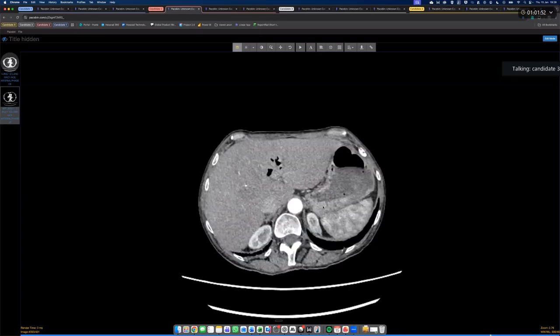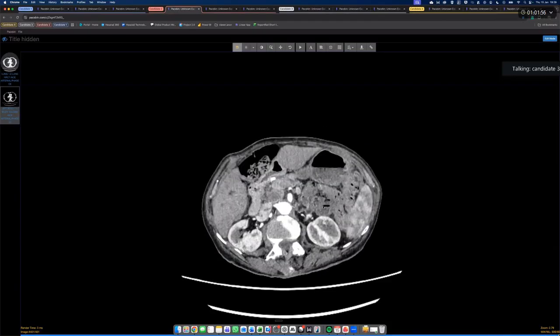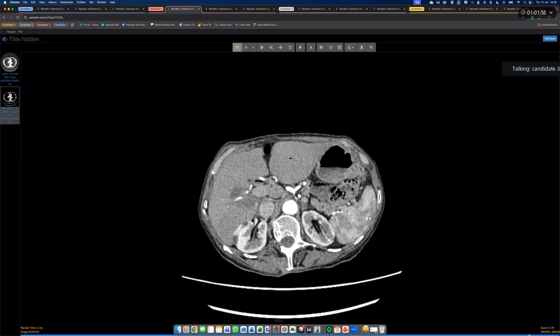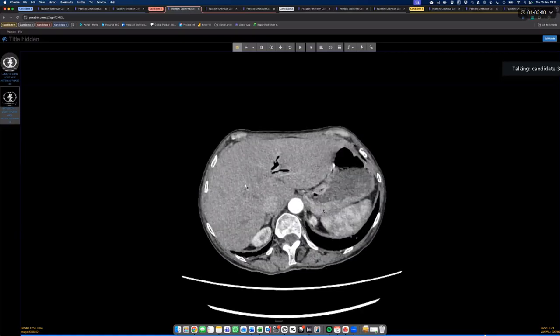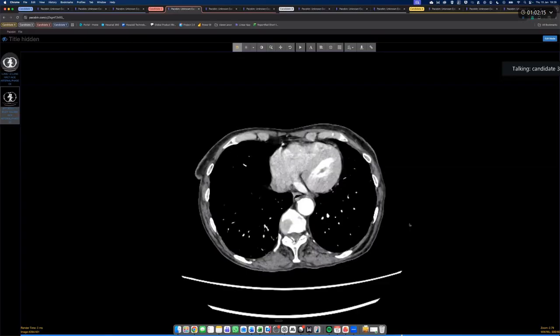In this case, I would also like to look at the other phases for portal vein thrombosis. There are multiple simple cysts in the kidney. Just as a reminder, this is a gentleman who presented with an abnormal chest X-ray. So I would like to go up to look for any lesions within the lung parenchyma.